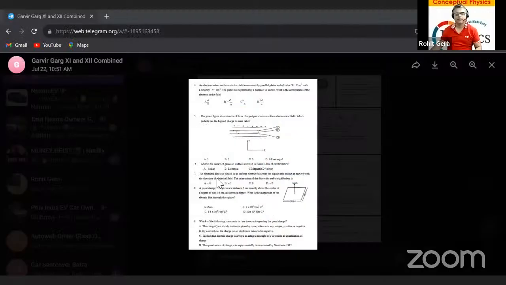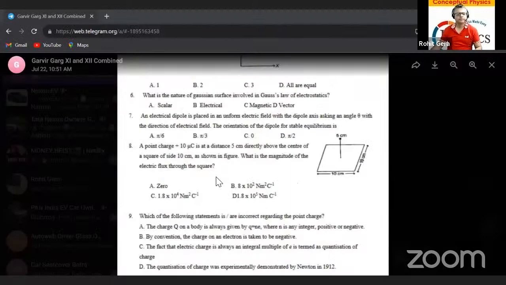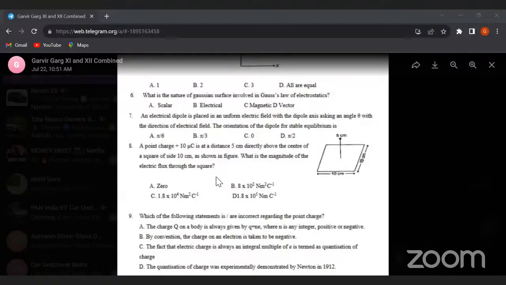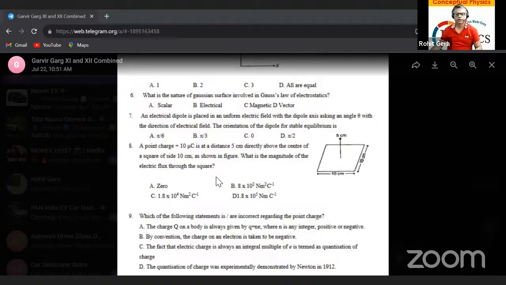Question number 9. Okay, so which of the following is correct regarding a point?